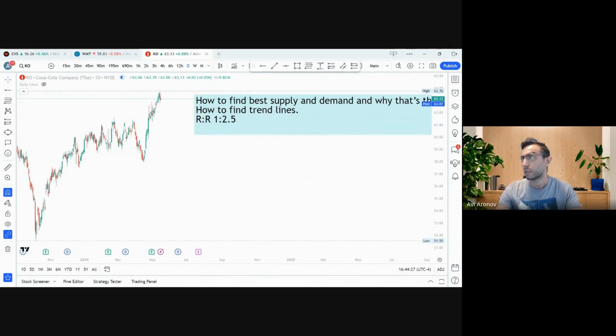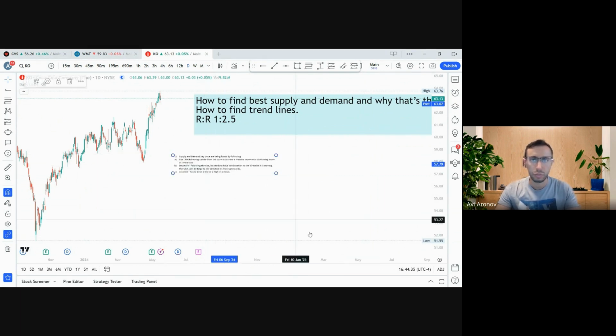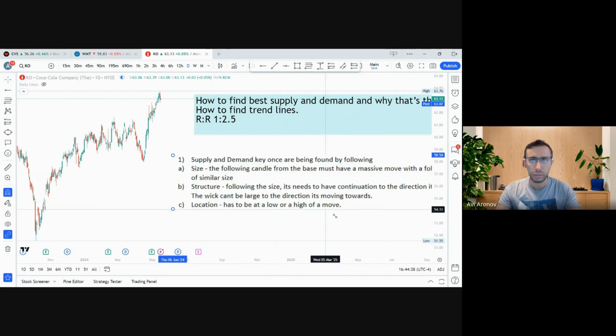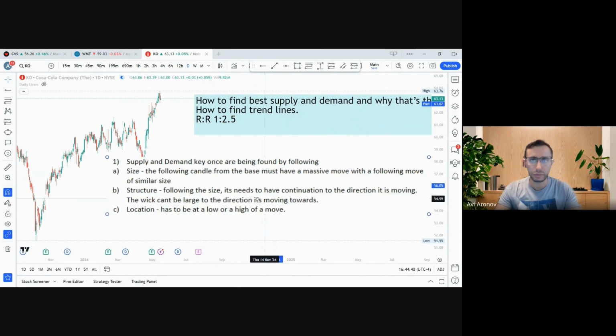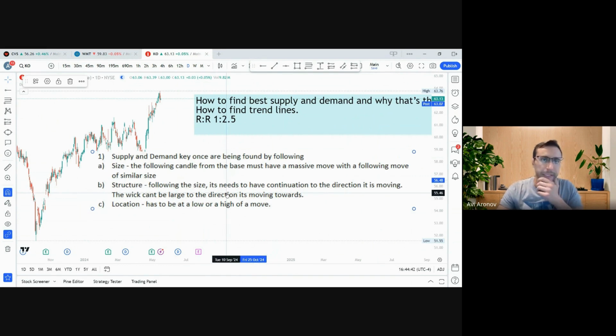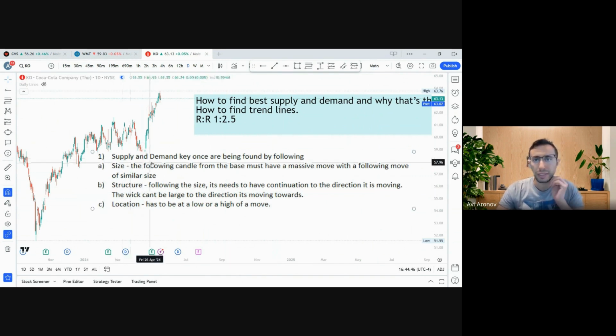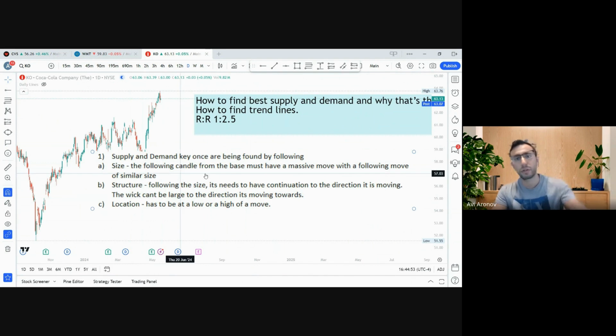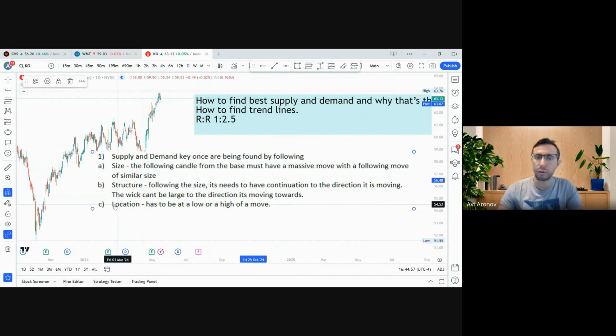Okay, how to find key and best supply and demand. Number one, I want to make sure that I mention the way to look for those things. This is the way that you will be looking for supply and demand. The key ones that are being found will follow two things, which number one actually is location.